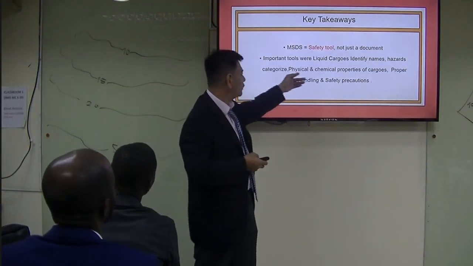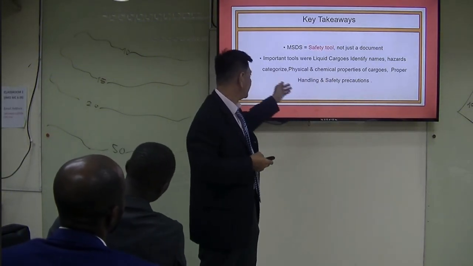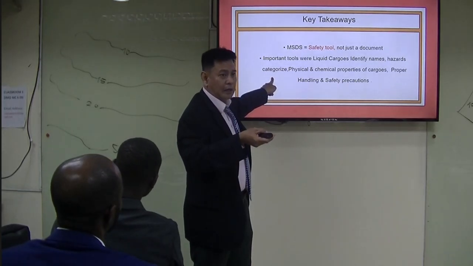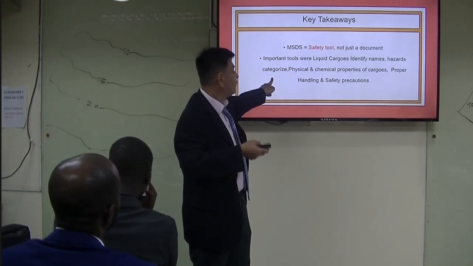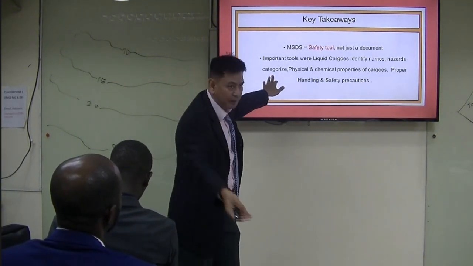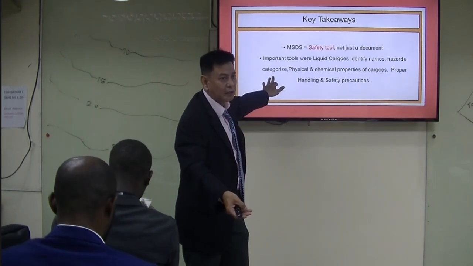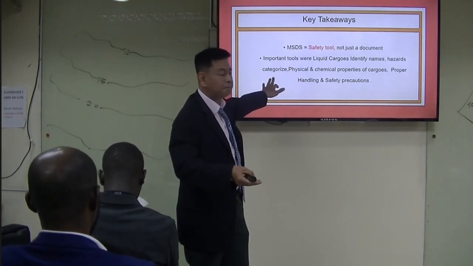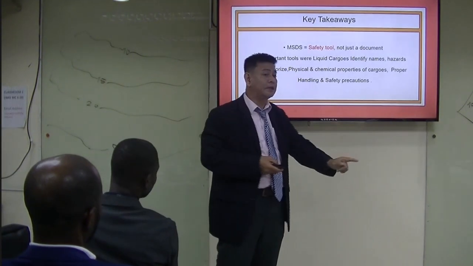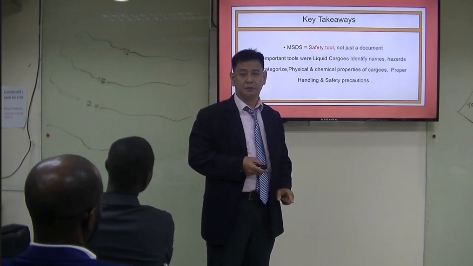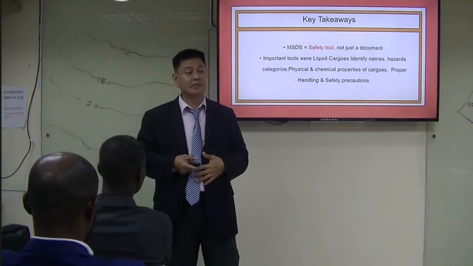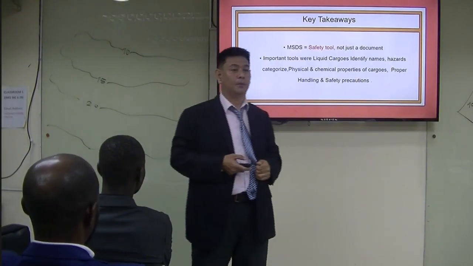It is an important tool on liquid cargo to identify the name, hazard, and categorization, which is one of our learning objectives, whether it is flammable or toxic. You can find that in section 2. Also, you can identify the physical and chemical properties of the cargo in section 9. And you can tell the importance of MSDS for the people on board.